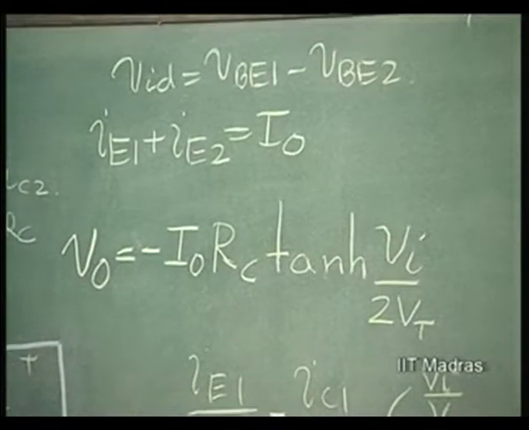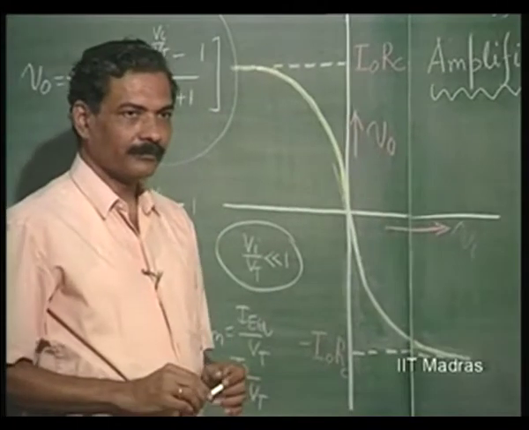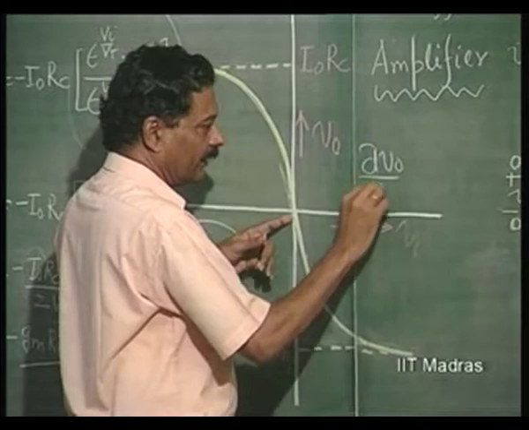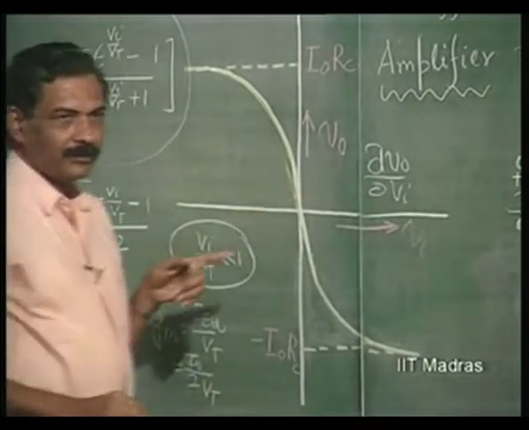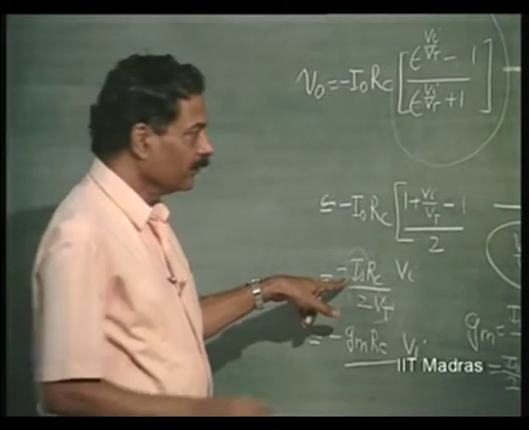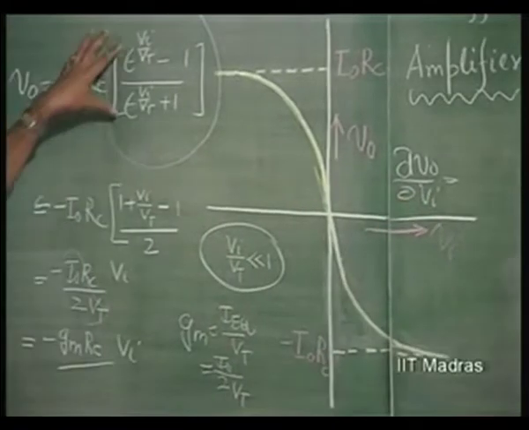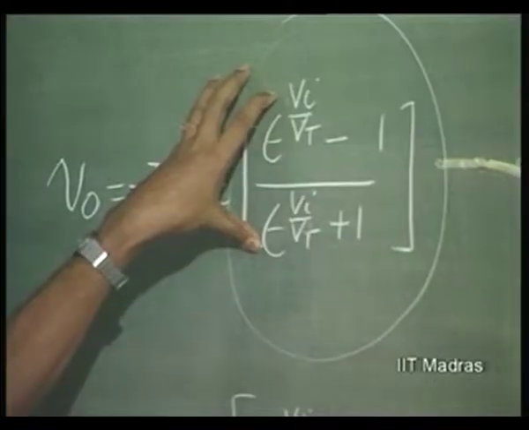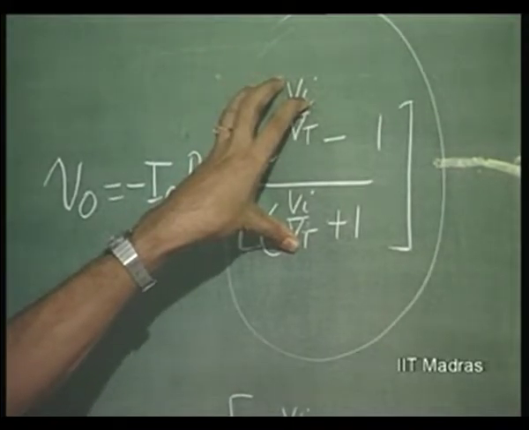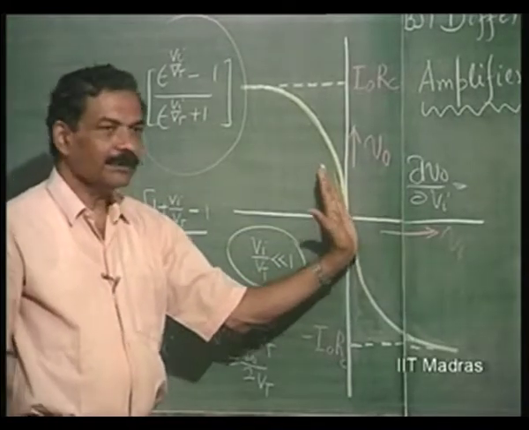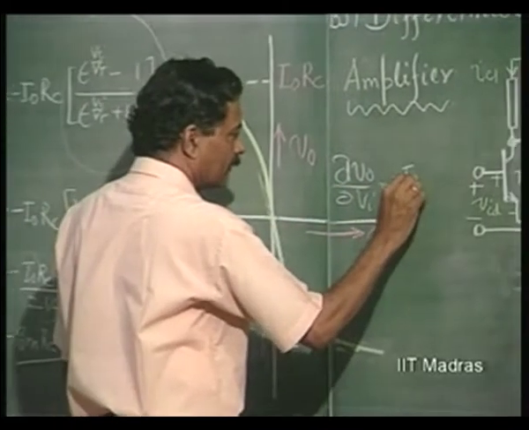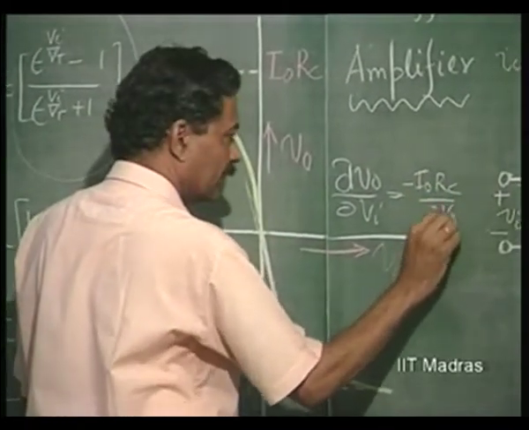Now, this slope here is nothing but delta V naught by delta Vi. If you do the differentiation of this using the hyperbolic tan function, you will show that delta V naught by delta Vi, which is the gain, is the same as minus I naught RC by 2 Vt.